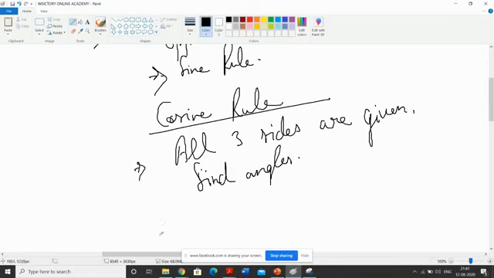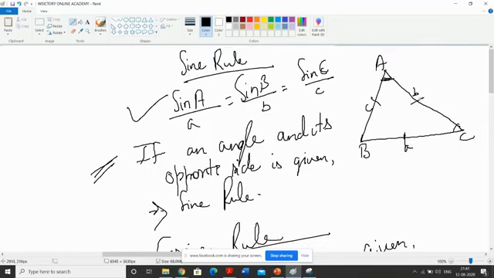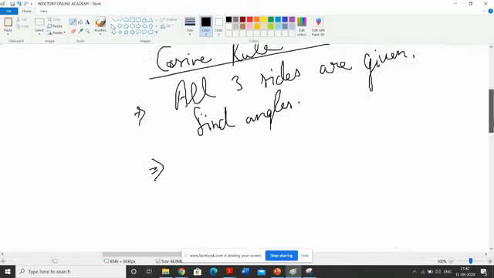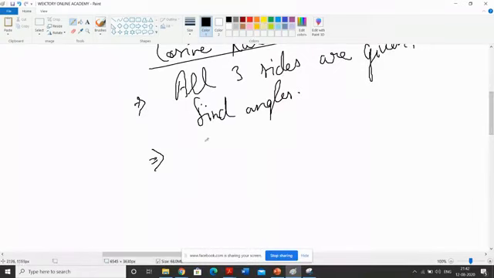The other time we can apply the cosine rule is if two sides, for example small b and small c, sides AC and AB, are given, and the included angle, since AC and AB form an angle A. So if two sides and the included angle are given, then also we can apply the cosine rule.